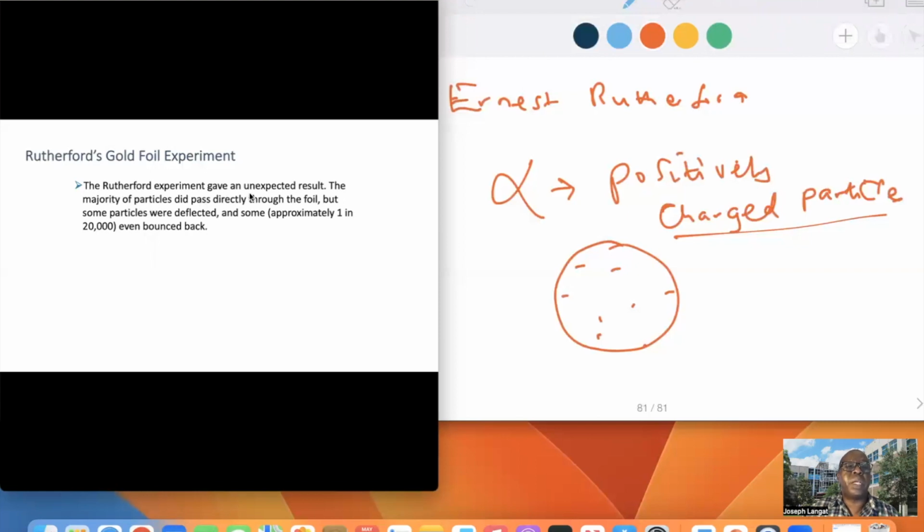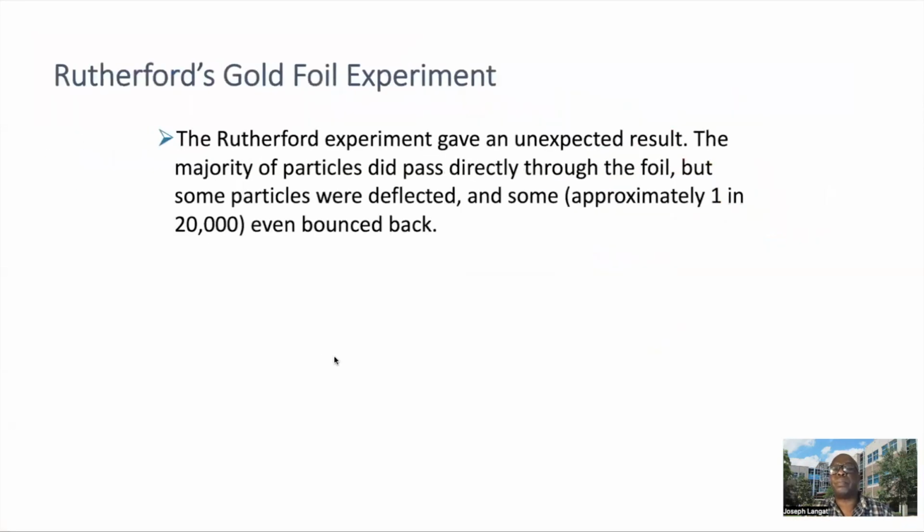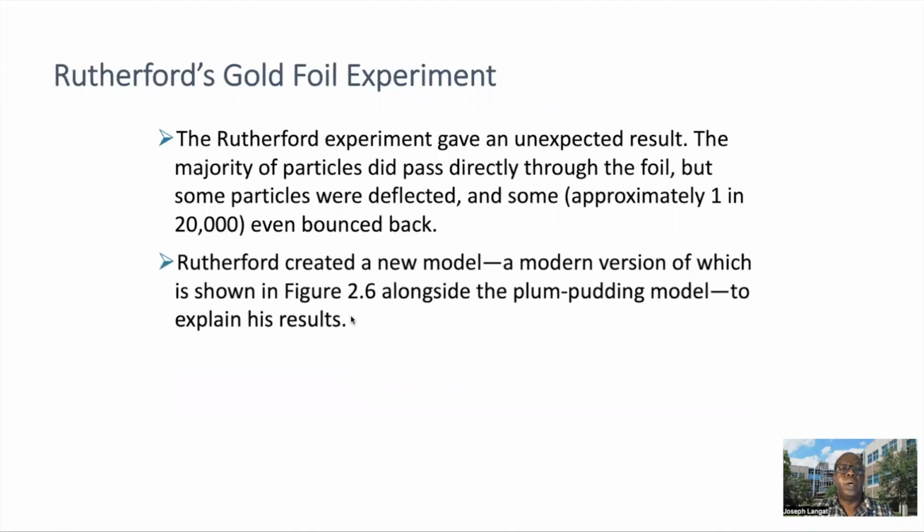The Rutherford experiment gave an unexpected result from what he anticipated. The majority of particles, in this case the positive charge, passed directly through the foil, but some particles bounced back. One in 20,000 bounced back. Rutherford created a new model. We call this the nuclear model.